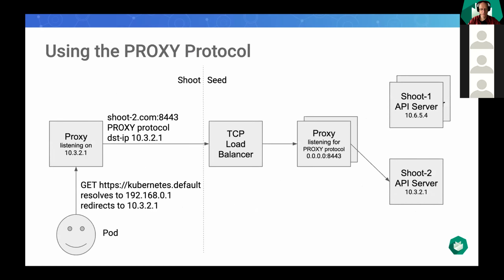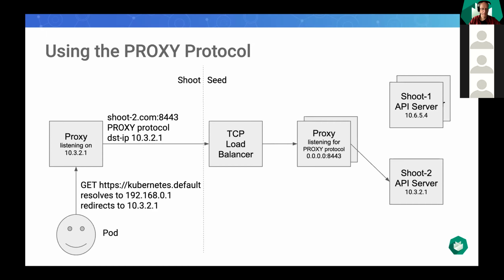an end user will request, for example, the kubernetes.default host, which would resolve to the cluster IP, which is 192.168.0.1, and kube-proxy will redirect this traffic to 10.3.2.1. On the same node, we have a proxy which will listen on this IP address, and then using the proxy protocol, it's going to send the destination IP to this address.